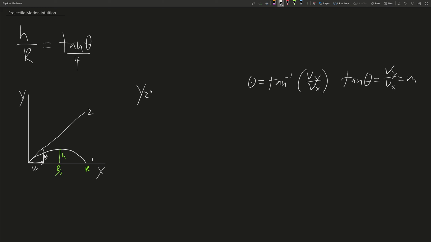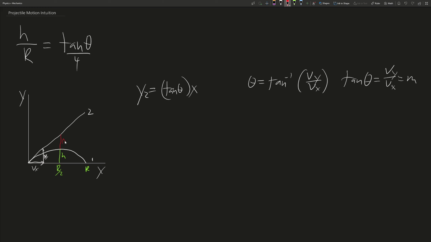So we have y2, since this is just a linear line starting at 0. y2 is equal to tangent theta, the slope, times x. Now, let's find two differences in height.